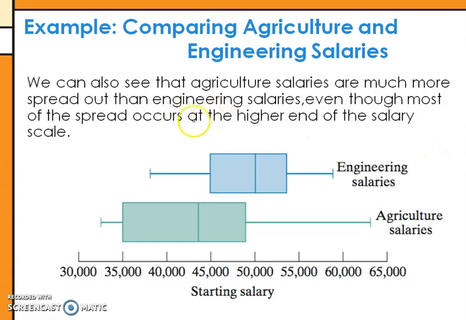And same thing I was just saying here, the spread occurs on the higher end of the salary for this one. So it just gives you a better picture than looking at just the median, or especially than looking at just the average, like that example we had with the one person in the philosophy majors who made 3.5 million, doubled everyone else's average salary. So this gives you a better picture.